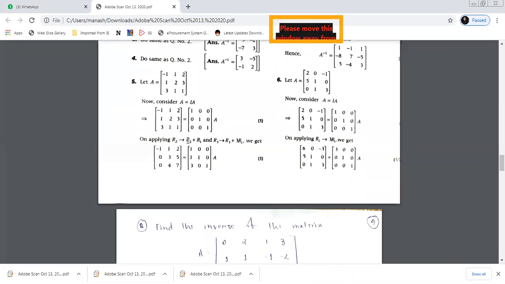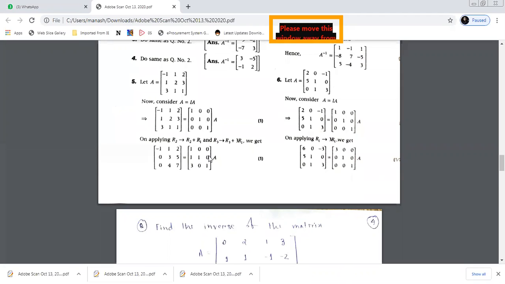If we add this, -1 plus 1, we get 0. 2 plus 1, we get 3. Again 3 plus 2, we get 5. Now the same operation you have to do here also. So 0 plus 1 is 1, 1 plus 0 is 1, 0 plus 0 is 0.